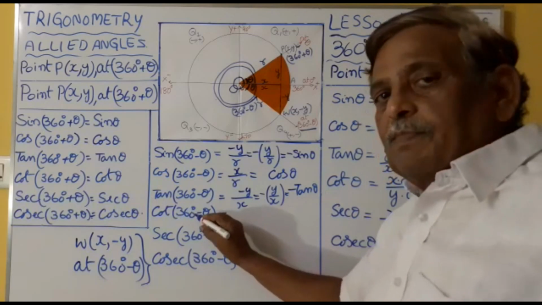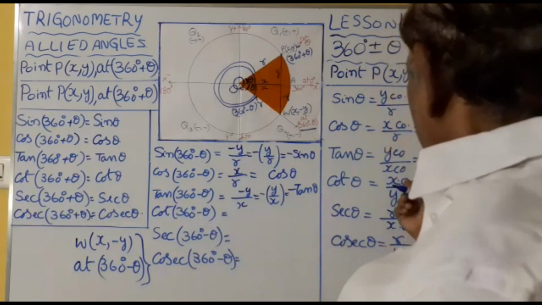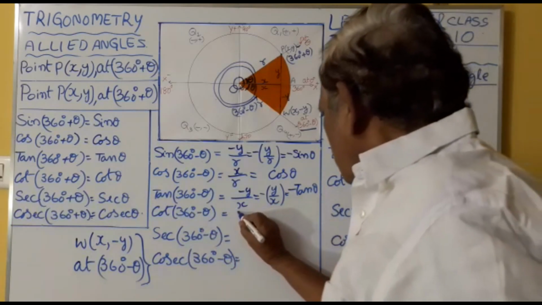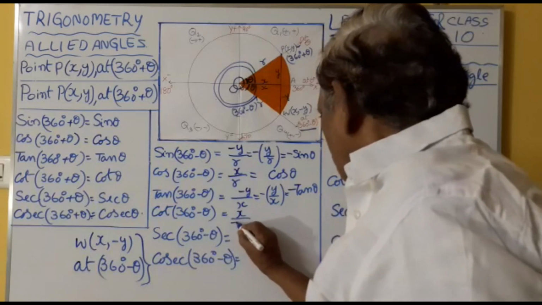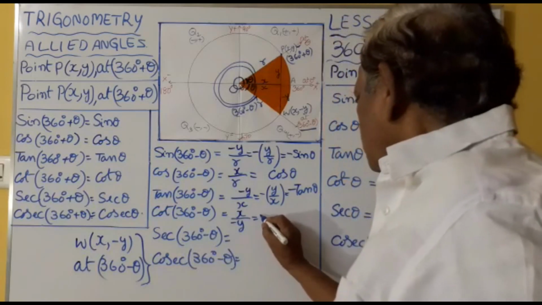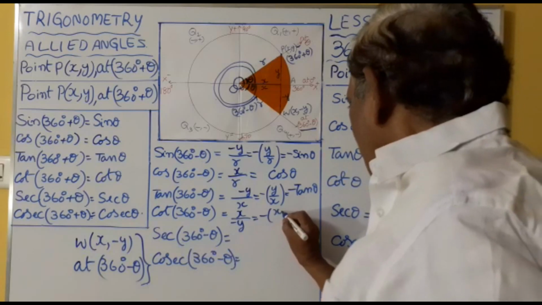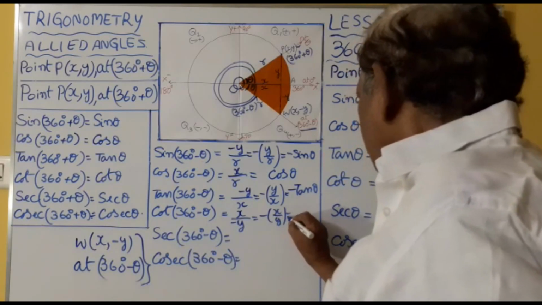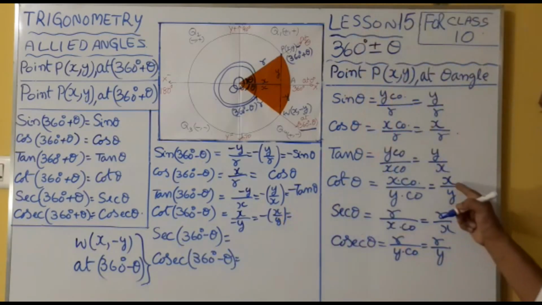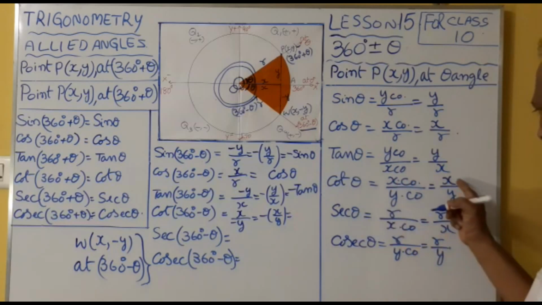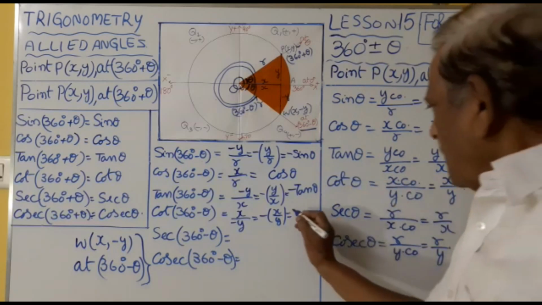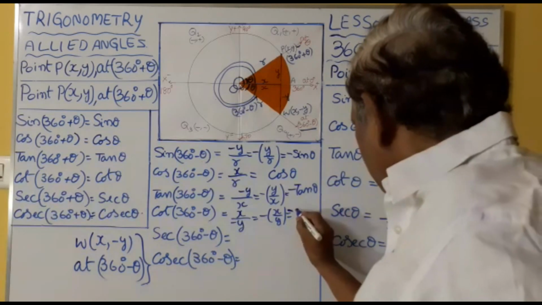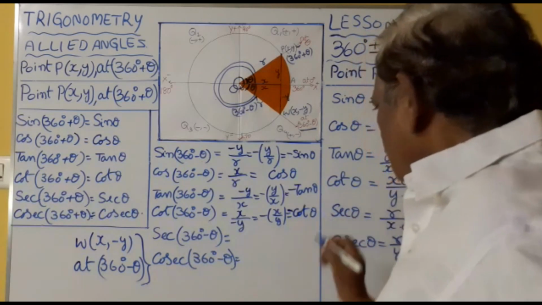Cot(360 degrees minus theta) equals x coordinate by y coordinate. Therefore, x by minus y. This equals minus of x by y, but x by y is cot theta. Therefore, this is minus cot theta.